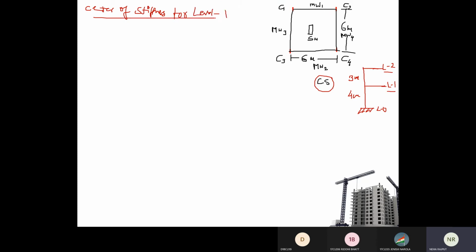Again, if the plan dimension, size of the building, size of the element at all the floors remain the same, then your center of stiffness value also will remain same at each and every floor, unless you have different cross section at one of the floors. Right, so center of stiffness for level 1.